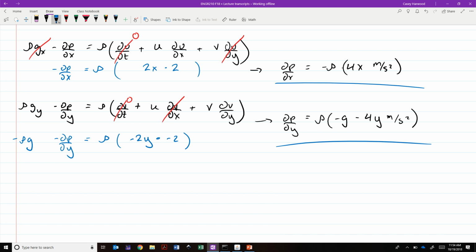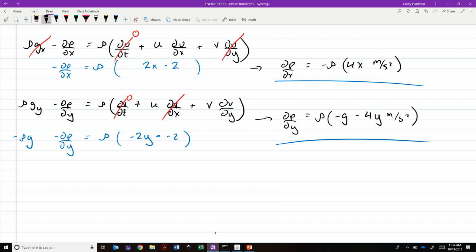Last thing we might want to do is figure out how to use these two gradients of pressure to get a unique expression for the pressure. So my trick for this, something we have to do a lot in fluids, is take two different derivatives of the same expression and use them to assemble that expression itself. We know that p is a function of x and y, and so this could formally be broken up into some function of x, we'll call this f1, plus some function of y, we'll call this f2, plus some function of x and y.